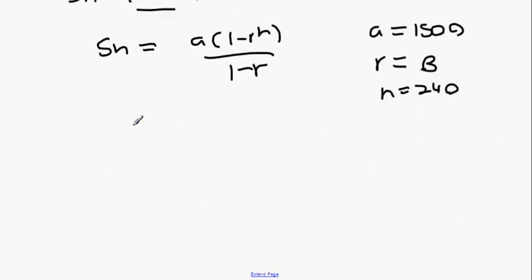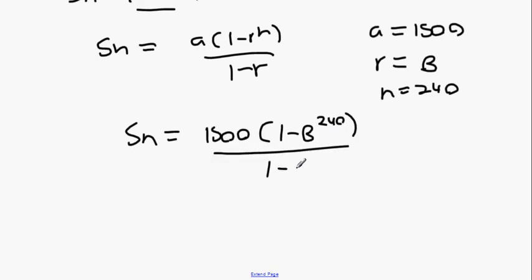So what we get here is Sn equals 1,500 into 1 minus b to the power 240, all over 1 minus b.